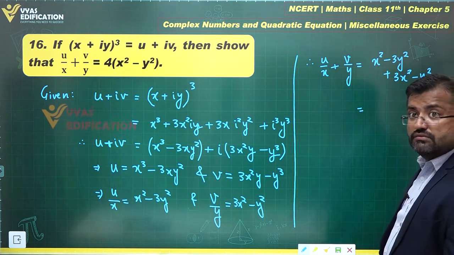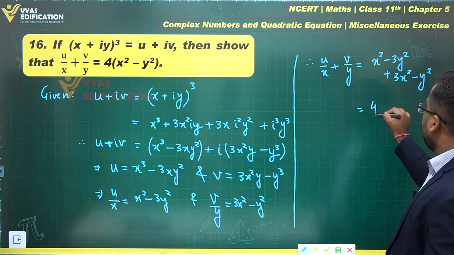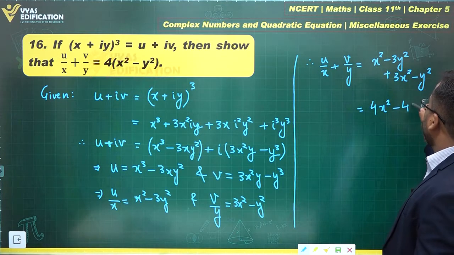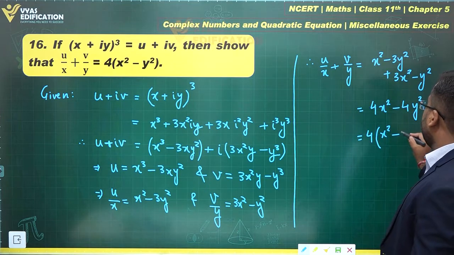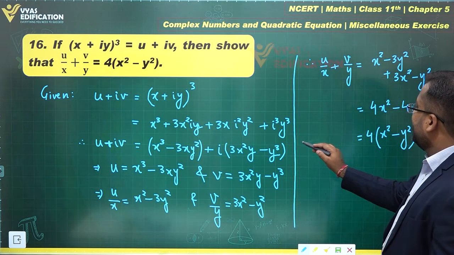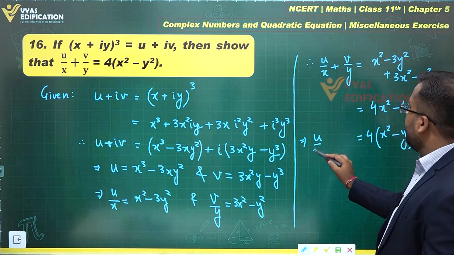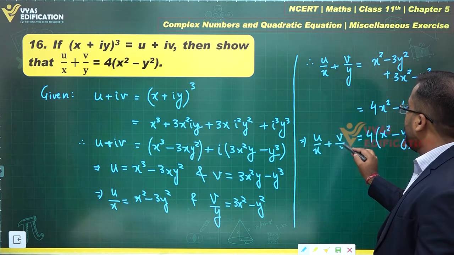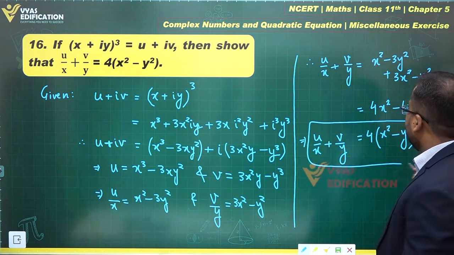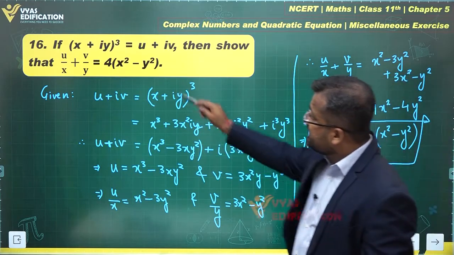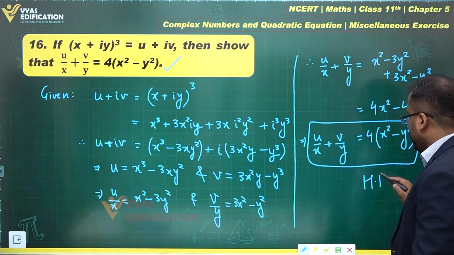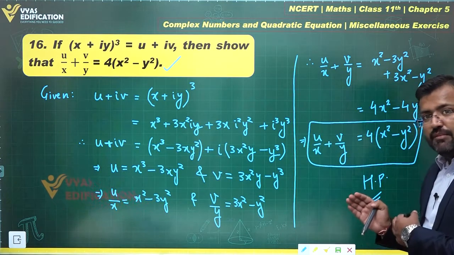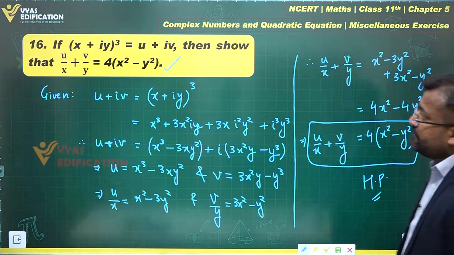This is equal to 4x^2 minus 4y^2, which is actually 4 times (x^2 minus y^2). That means u/x + v/y is actually equal to this. And yes, this is the exact same thing that we were asked to prove. That is the complete proof of this particular question, right?